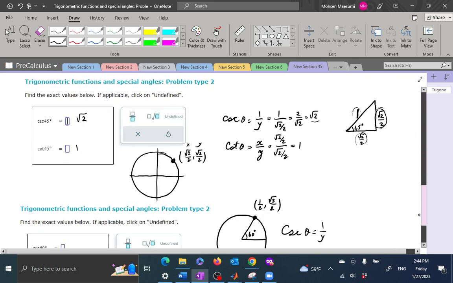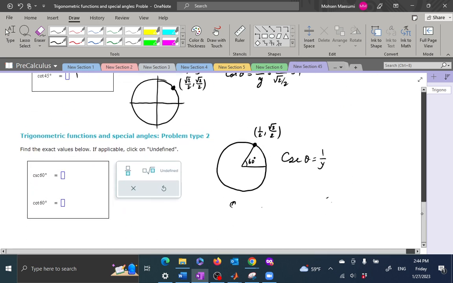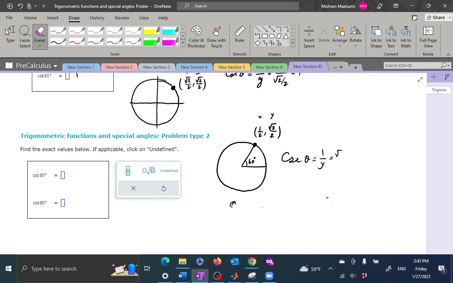Then, well, what's our y? This is x. This is y. So that would be 1 over radical 3 over 2. You multiply by 2 in the numerator and denominator. If you want to simplify it, you multiply by radical 3 perhaps, or you leave it as it is.